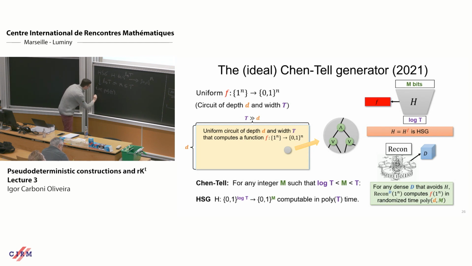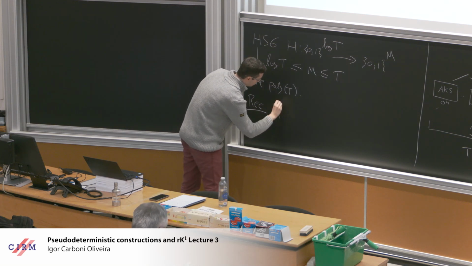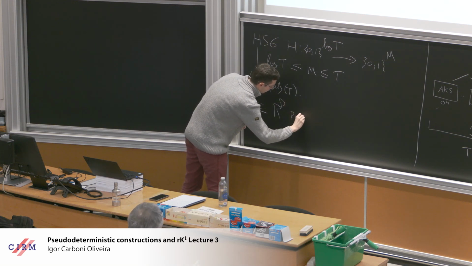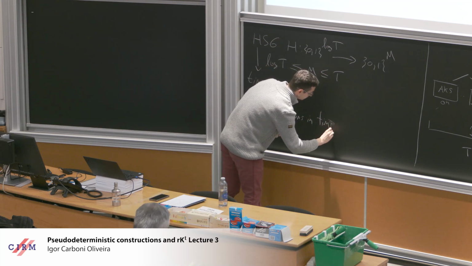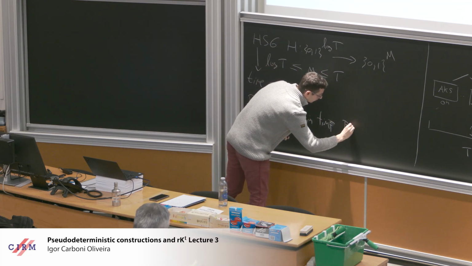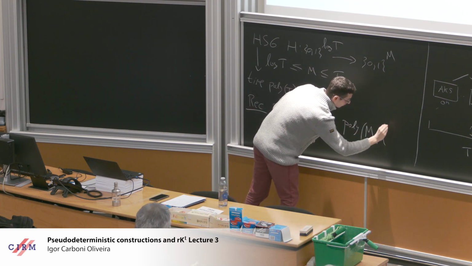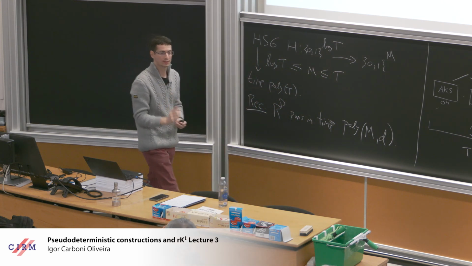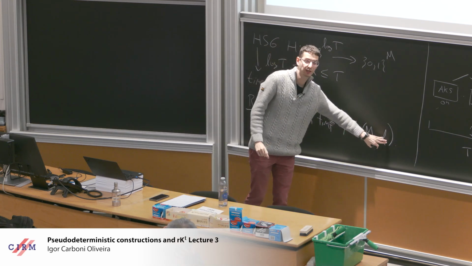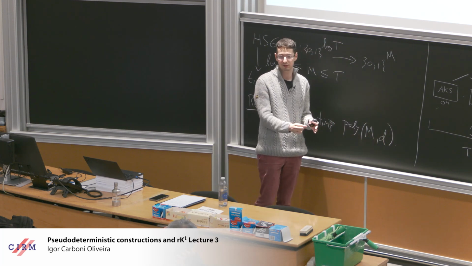So the reconstruction R_d runs in time poly. The important thing to notice is that we don't have a dependence on t in this running time, only on the depth and on the stretch.